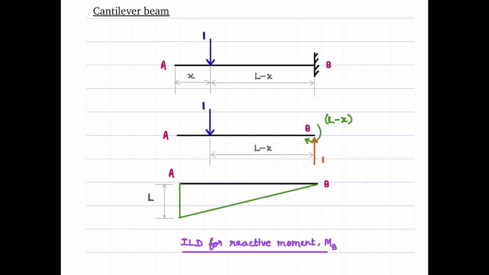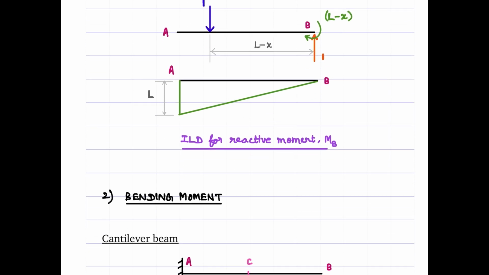Again, it depends on whether I call clockwise moment positive or counterclockwise moment positive, because this is about reactive moment in particular. But what I was saying is regarding bending moment as such. So let's say, at least for this video, clockwise external moments are positive. Maybe in that sense only I can say that this should be drawn in the negative direction. I'll clarify this point in the upcoming video further.